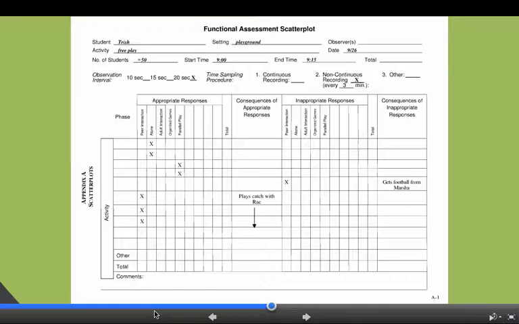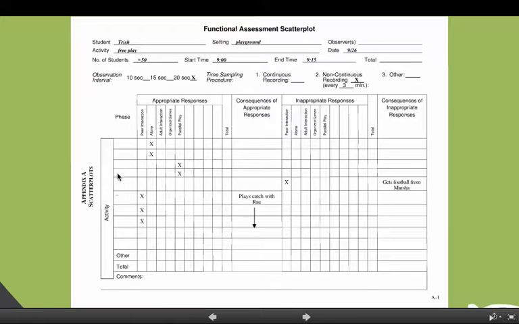So by way of example, the person completing the scatter plot would complete the activity that the person was engaged in, and then begin recording whether there were peer interactions, and we see that there were 3 occasions of peer interactions. Then we also indicate that in the alone condition, there was also appropriate behavior. What kind of appropriate behavior? Could be appropriate play. The person may have been alone, but they were engaged.